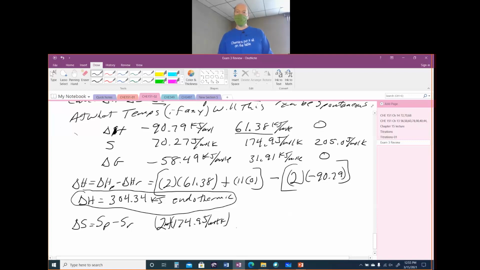All right, this time it's not 0, plus 1, you don't have to write the 1, times the 205.0. So there are your products minus your reactants. All right, for that you have 2 moles of your mercury 2 oxide reactant times the 70.27.